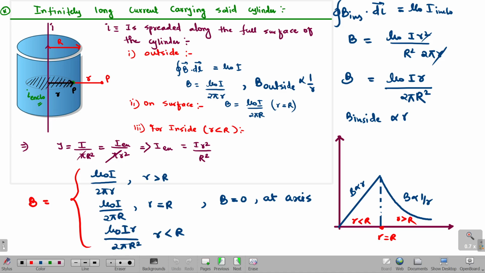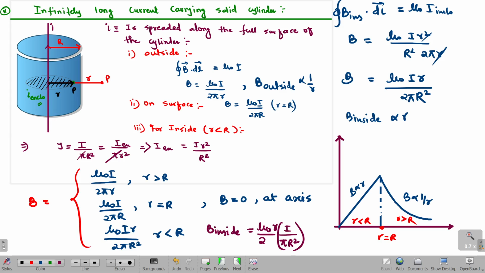Here I'm talking about B inside, not outside, since outside will take all the current. I by pi R square is what?